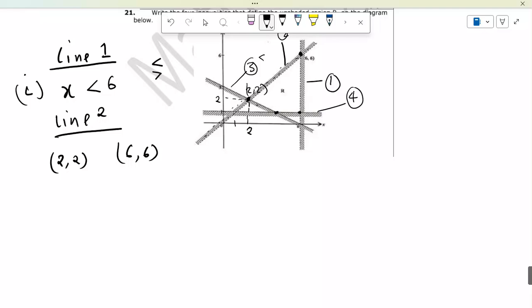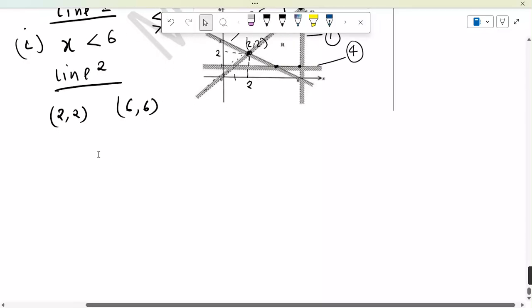We can't pick this point or this point because it is out of range. We want a point defining R. So here and here, those are our points of interest. You can pick points here if you want, but if you pick here, the region R extends up to here, so it's better you pick at the corners.